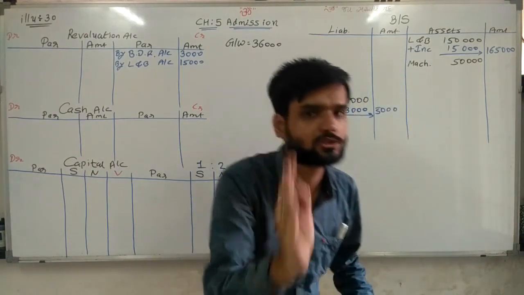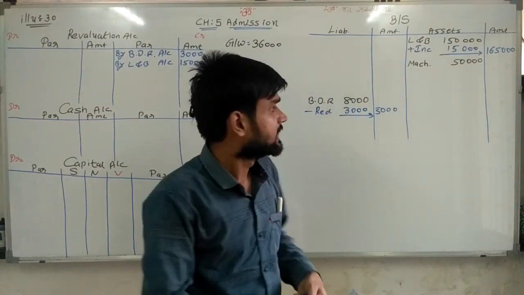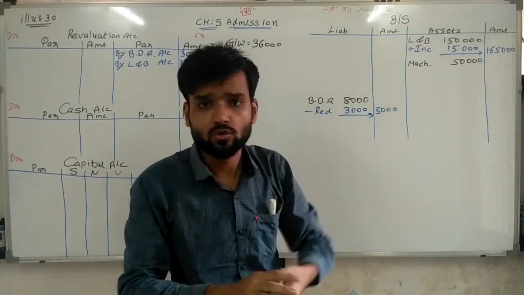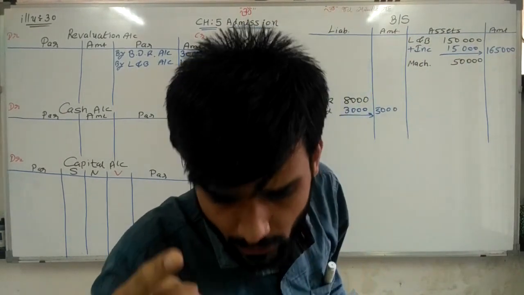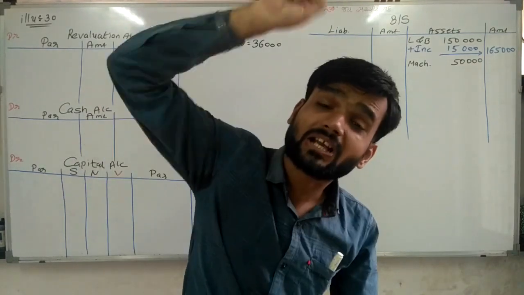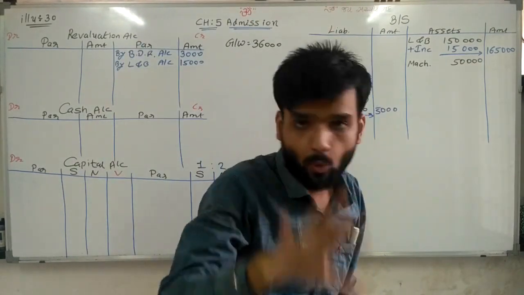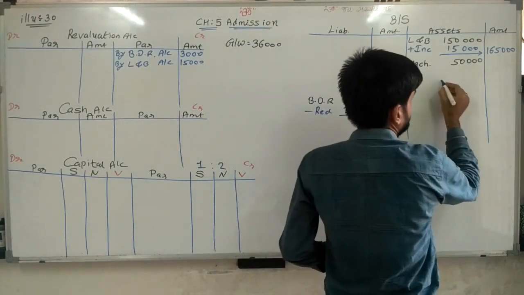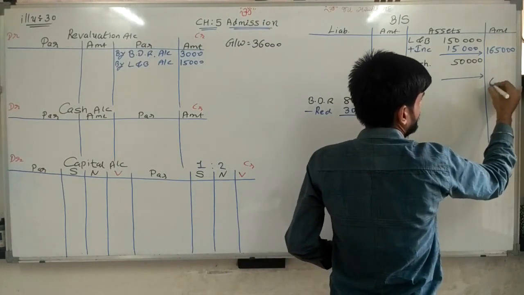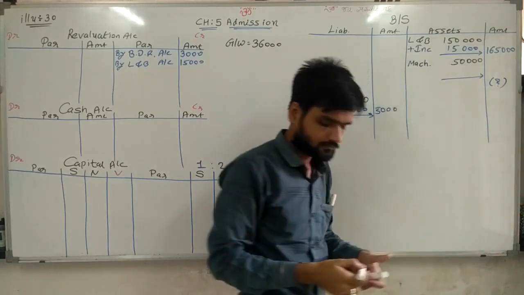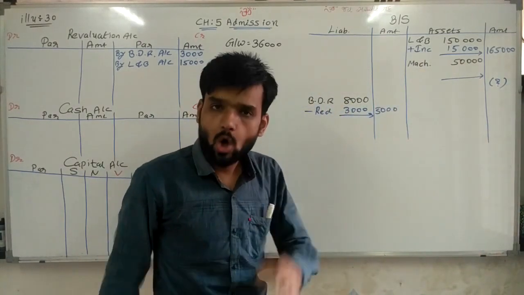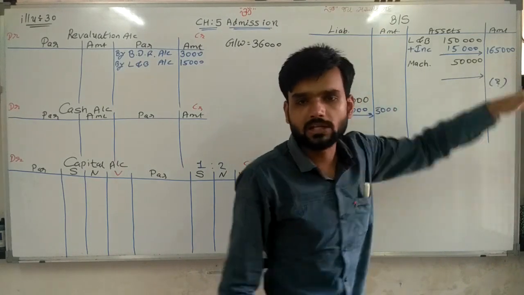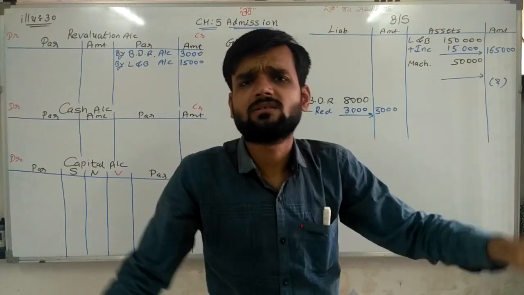Now try to understand one thing. This is the book value, and this book value is 25% more than the market value. Generally we are writing the market value here, always in the outer column. But here the market value is not given.